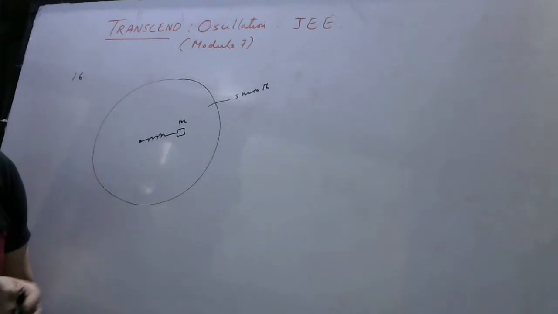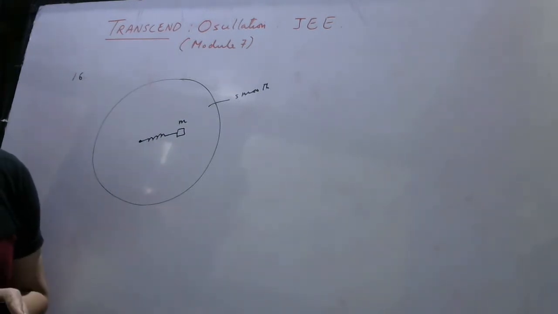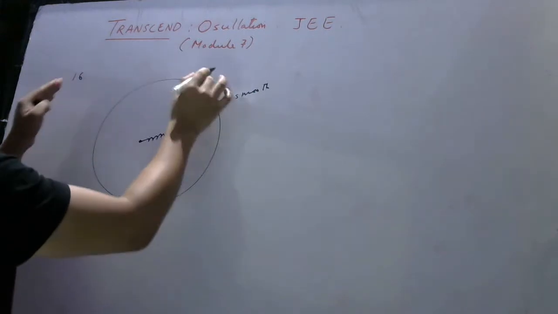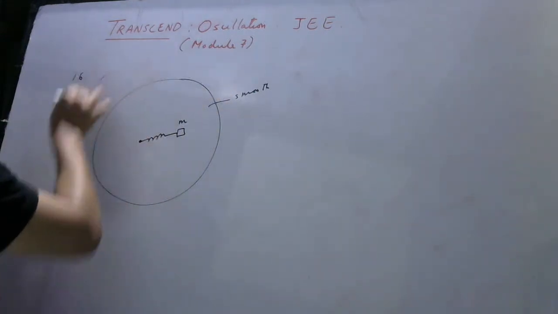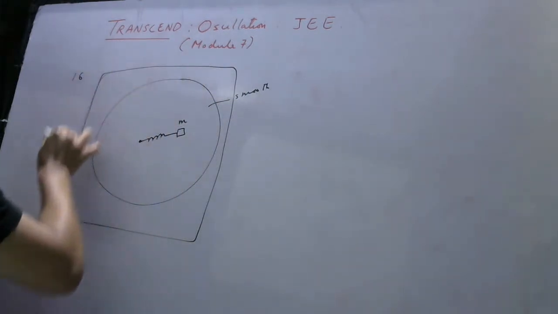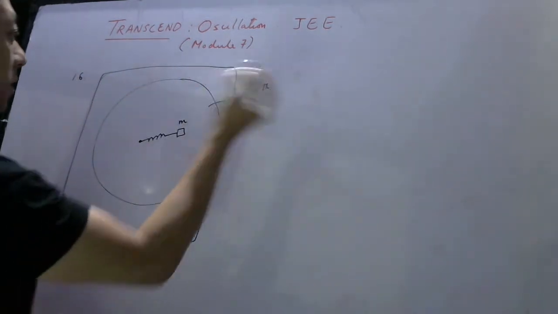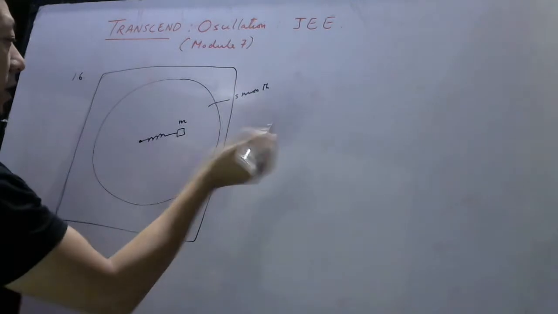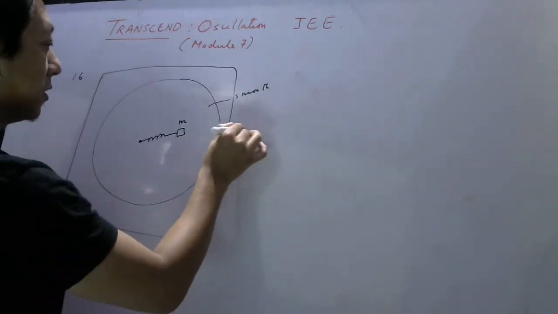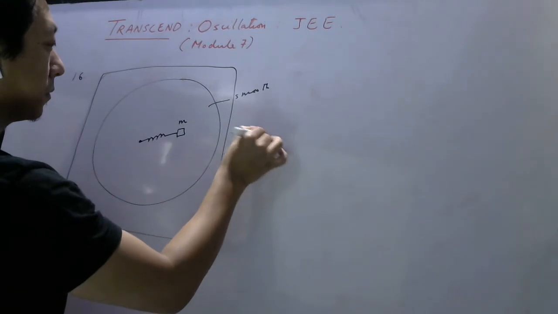The vehicle has a steady acceleration of a and the ball is not oscillating, with the spring stretched by x naught. So this spaceship, this NASA test vehicle, is having acceleration. Let us assume it is accelerating in this direction, as they have not mentioned the direction.